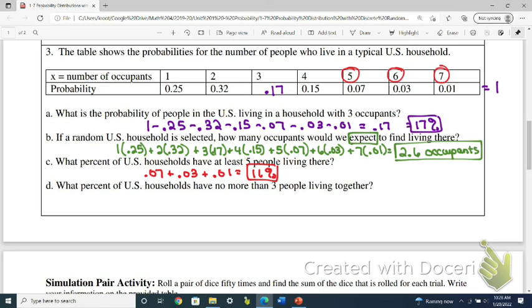And the last one, what percent of U.S. households have no more than 3? So no more than 3 means 1, 2, and 3. So that is 0.25 plus 0.32 plus 0.17, and I get 74%.